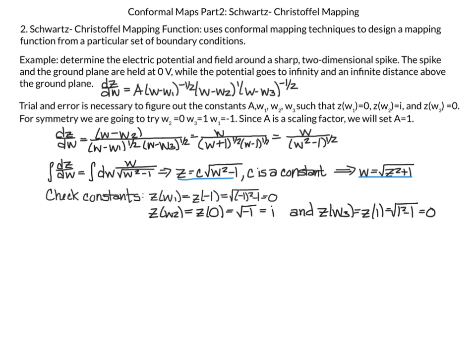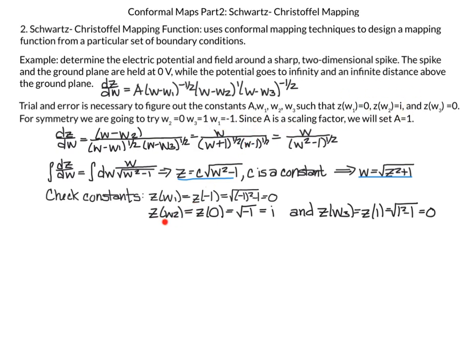We will do our quick check of our constants. Remember, we wanted z of w1 to equal 0. So when we plug in -1 over here, we're going to get 0. So that's good. Z of w2, where did we have that? Z of w2 should equal i.